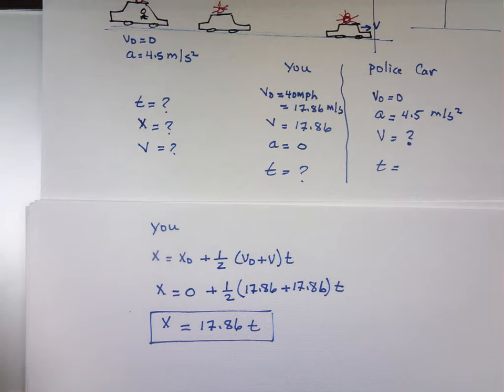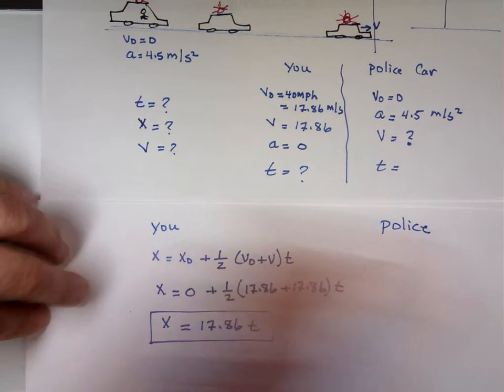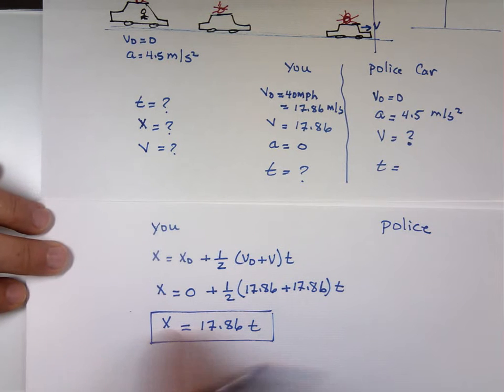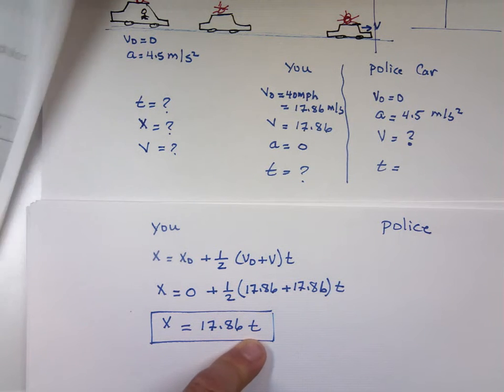Let's look at the police car. I need another equation that has this information in it. I have to make sure I have x and t in it.